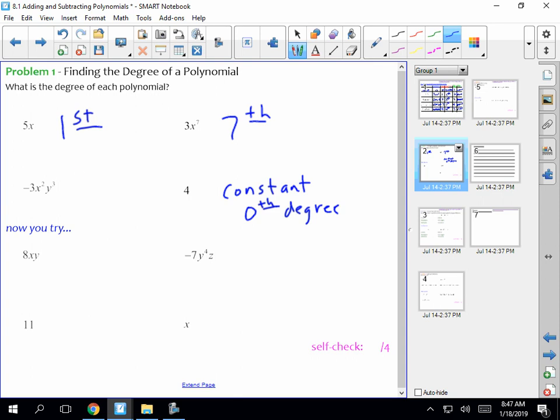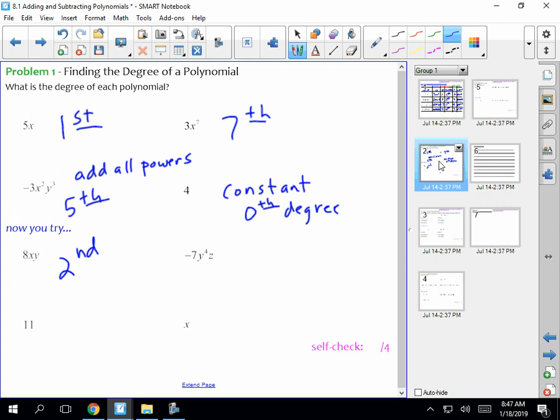Now, here's what you do when you have a term with more than one letter in it. You add all the powers. And so this is actually 5th degree, because you add the powers, the 2 and the 3. What would the degree of the 8xy be? They both have a 1 on them, so it's 2nd.